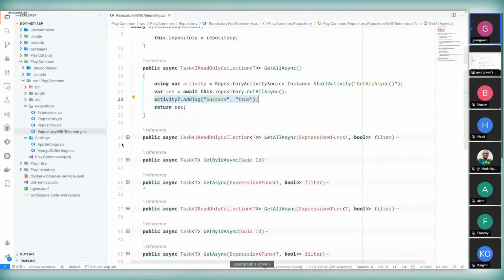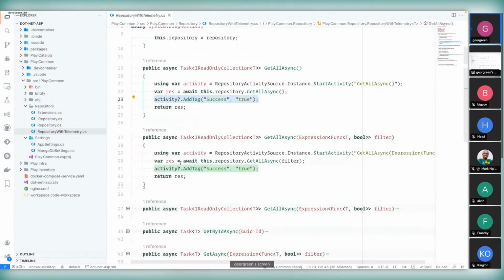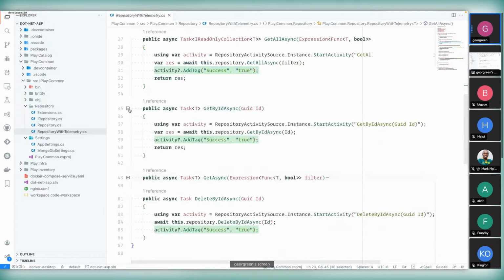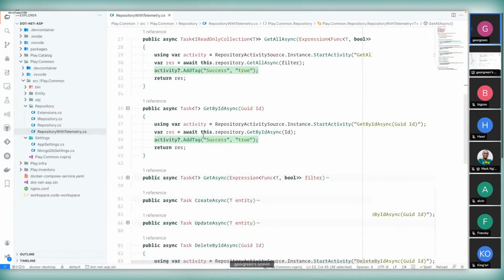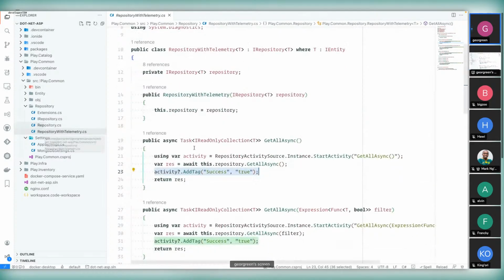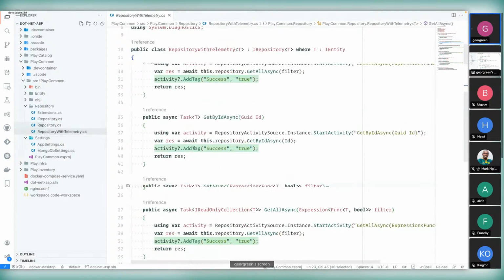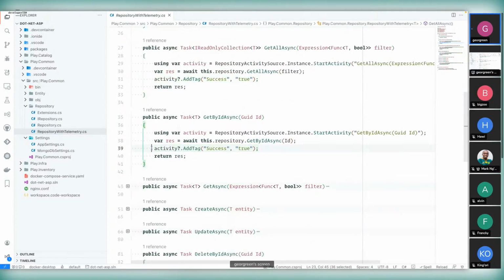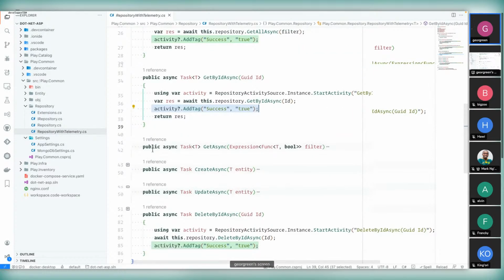And this is how you make your library observable, in the sense that anybody who's using your application can opt into, instead of using this repository, using this repository with telemetry. And this way, every call that is made to this library generates telemetry that's then sent to a downstream service.